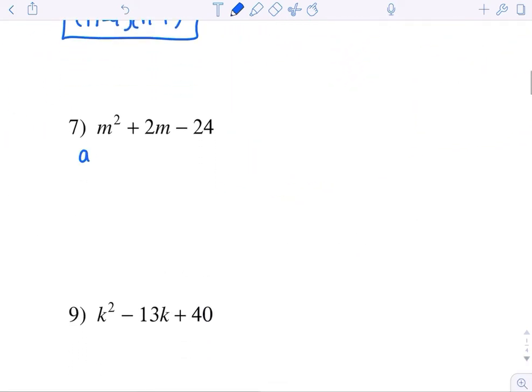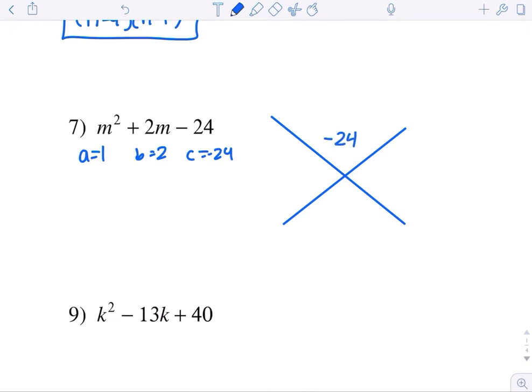For number 7, a is equal to 1, b is equal to 2, and c is equal to negative 24. On the top, it's a times c, so 1 times negative 24, negative 24. On the bottom, 2.